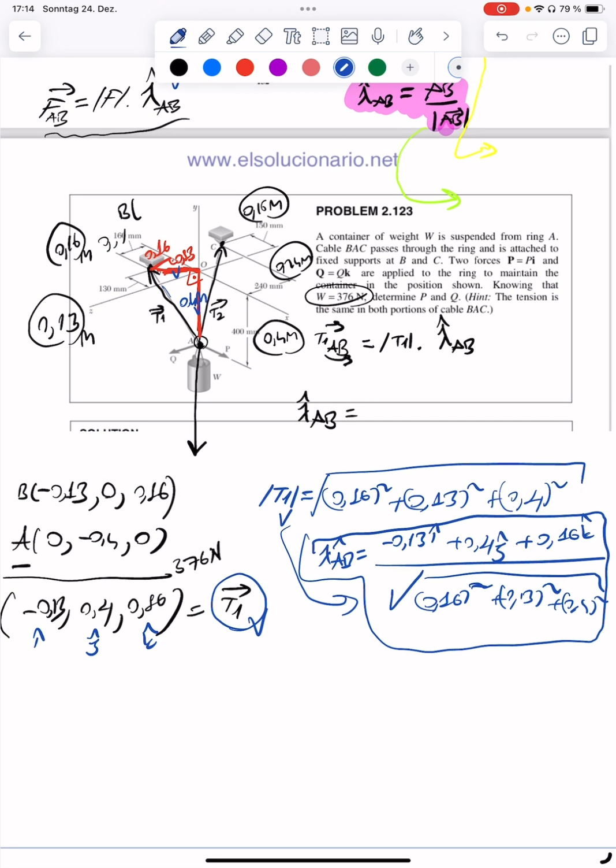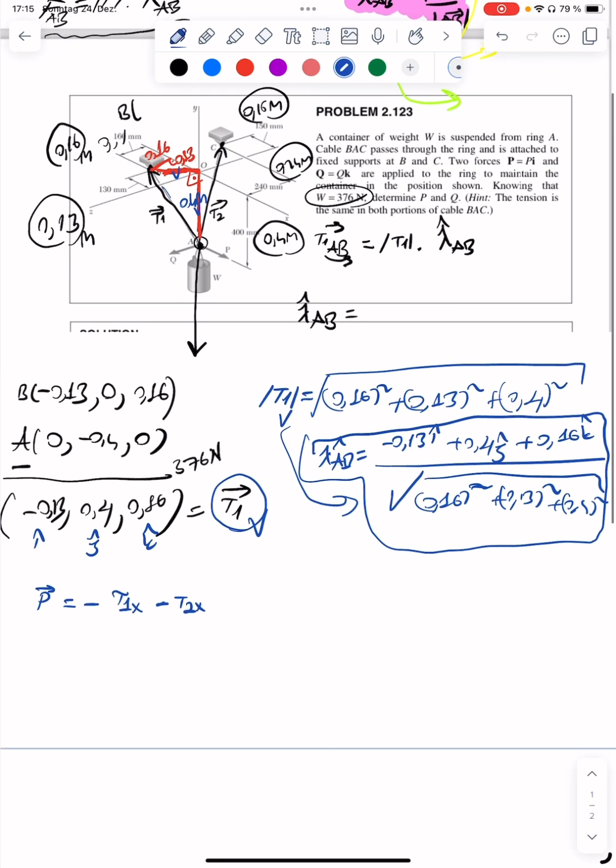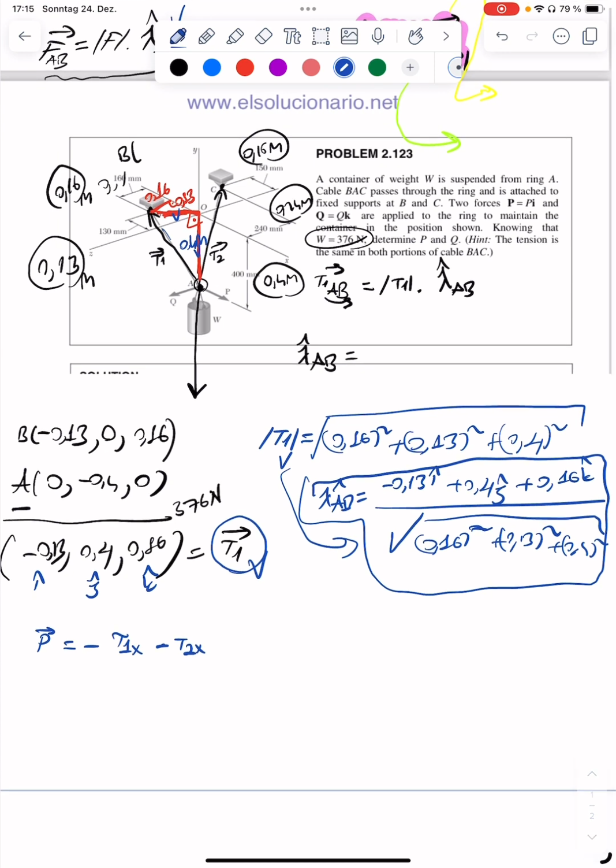So P is in the positive x-axis direction, so P is equal to minus T1's x component and minus T2's x component. So we must determine T2.